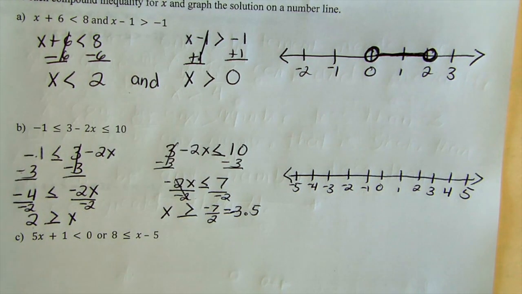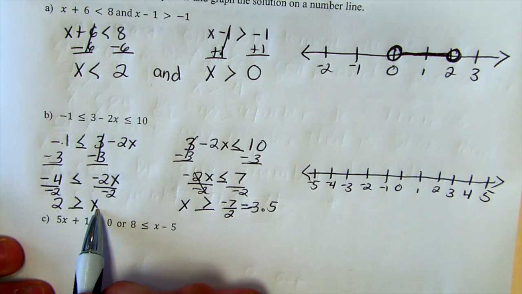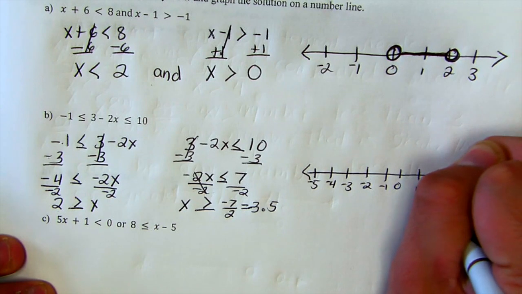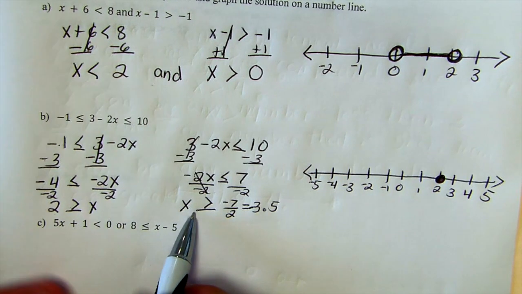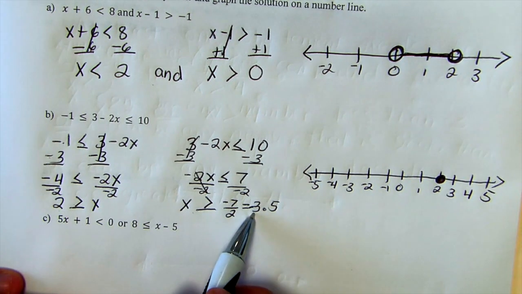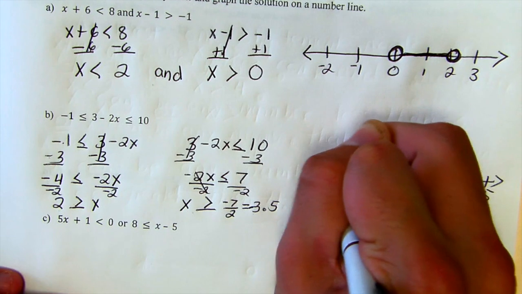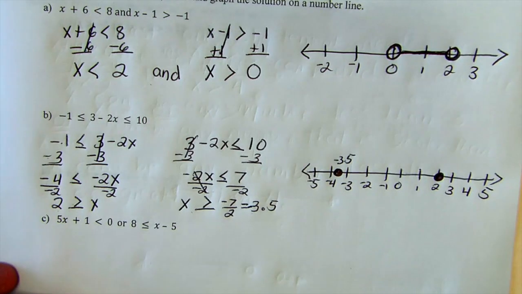So we went from negative 5 to positive 5. Now when we graph this, reading x here, x is less than or equal to 2. So at 2, we're going to have a closed, filled in circle. And at x is greater than or equal to negative 3.5, about halfway between negative 3 and negative 4, again I'm going to have a closed circle, and above it I can write negative 3.5.